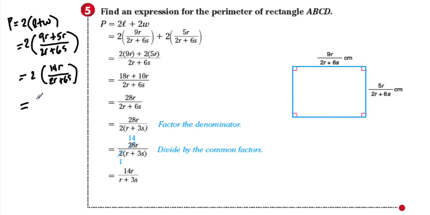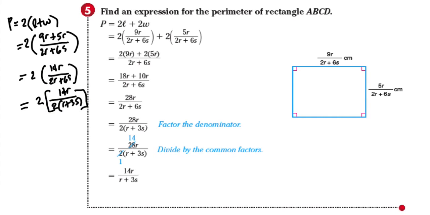And then again 2 times, let me make this into a bracket, 14r, and then we factor out 2 from the denominator, so you end up with 2 times r plus 3s.